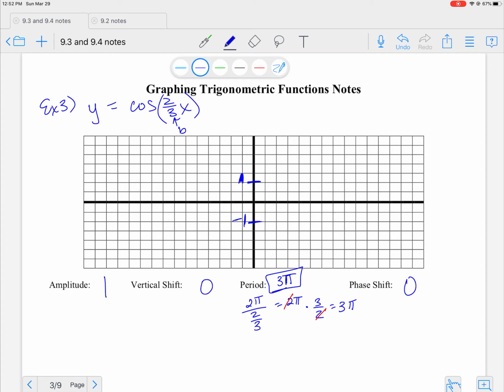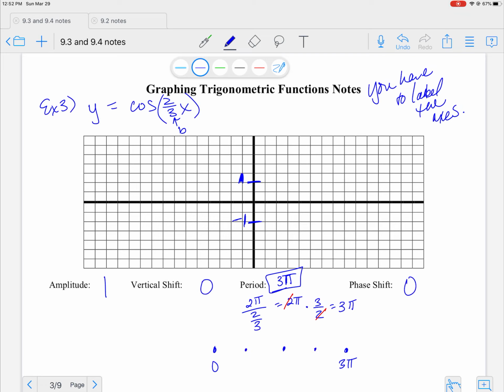Okay, because I don't have any amplitude, I'm just going to keep hanging out here at 1 and -1. And my period is going to affect my x values. So again, you have to label those axes.